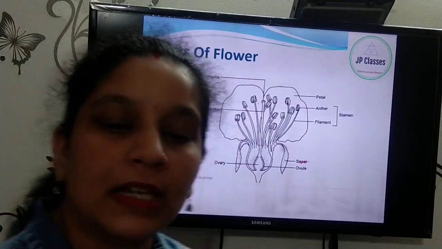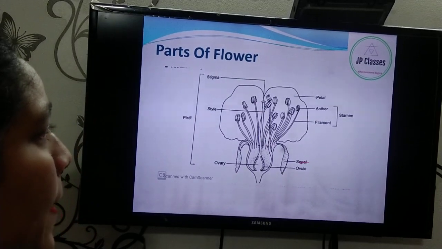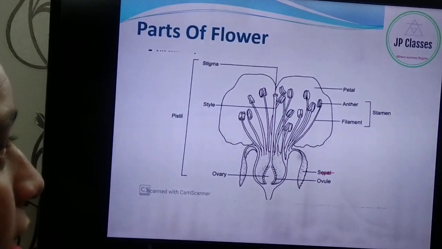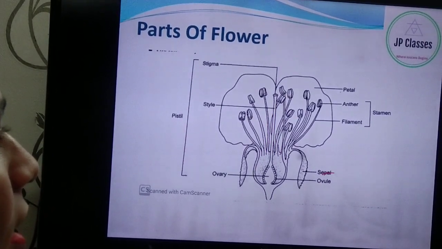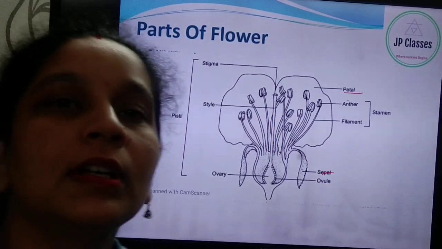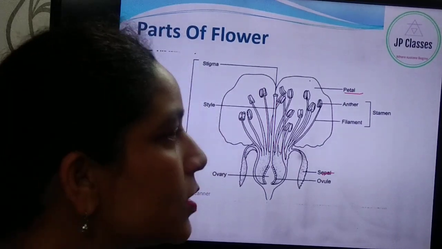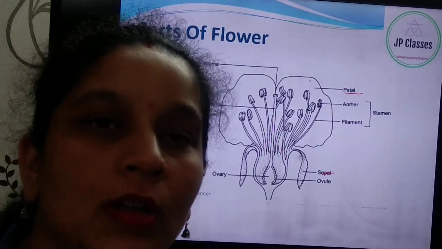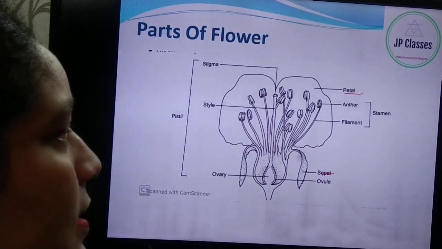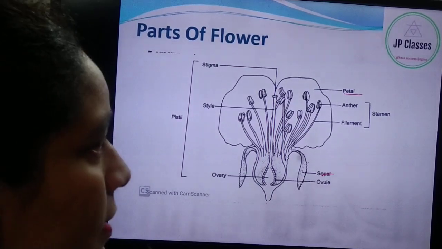Now, moving to the inner whorl, consisting of the petals. The next whorl, inner to the sepals, is your petals. The whorl comprising a group of petals is known as the corolla. Now, what is the role of the corolla? These petals are bigger in size in comparison to the sepals.